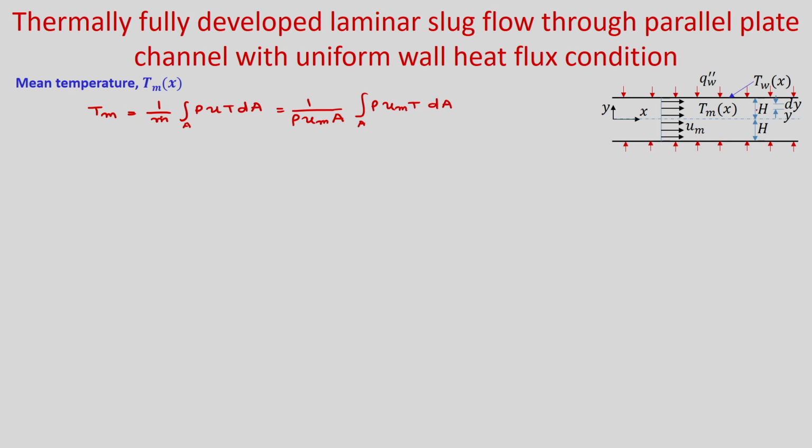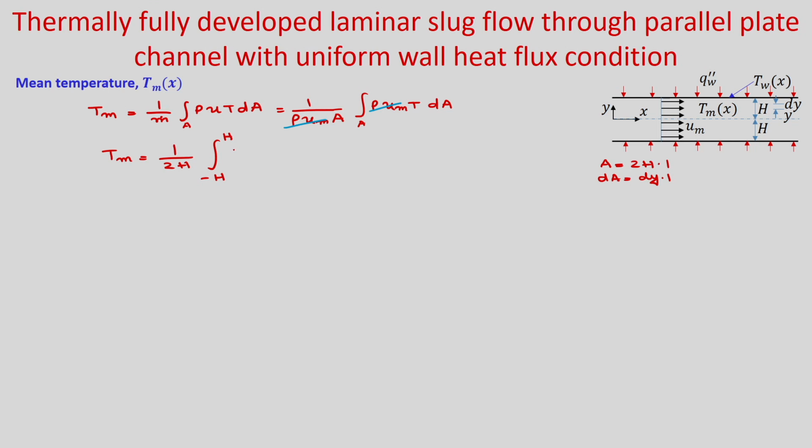What will be the flow area in this particular case? Per unit width, your flow area is 2 h. And what is your dA? dA is dy, into 1 per unit width. So per unit width we are defining, and this rho u m will cancel out. So you can write T m as 1 by area 2 h, integral from minus h to h, of your temperature distribution.